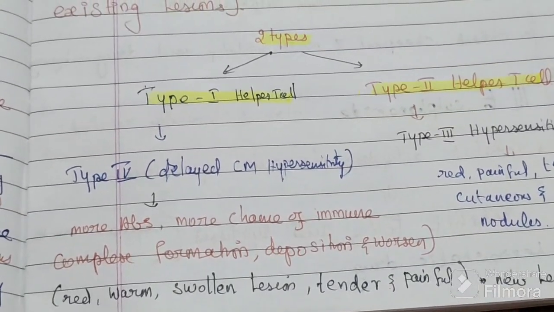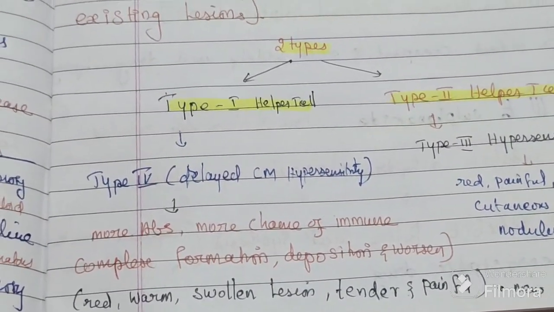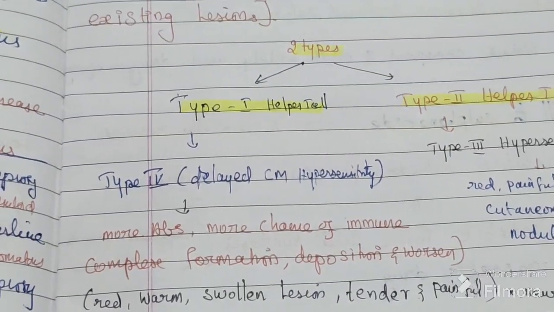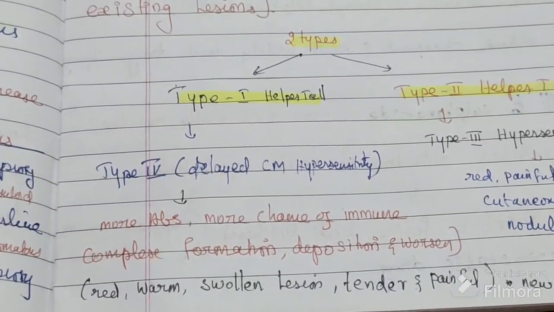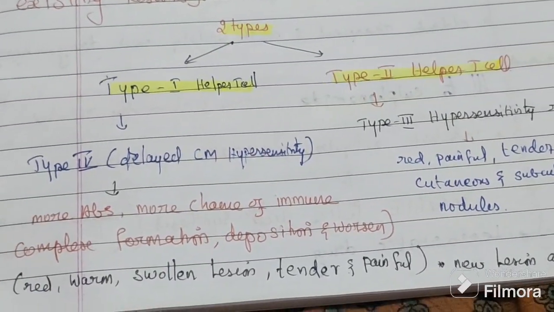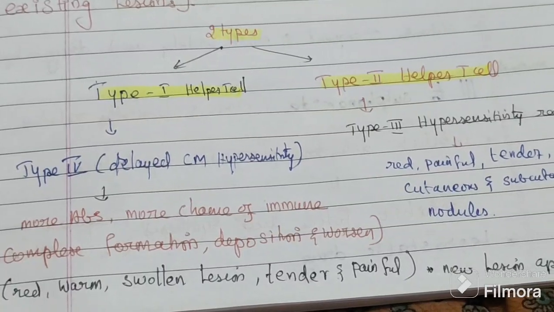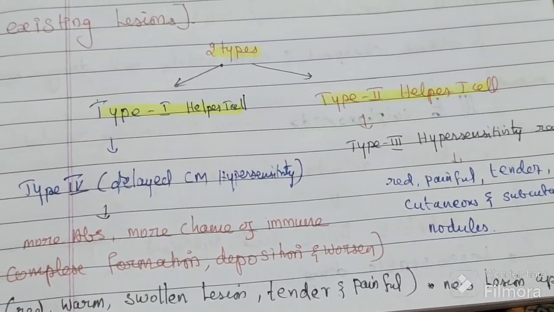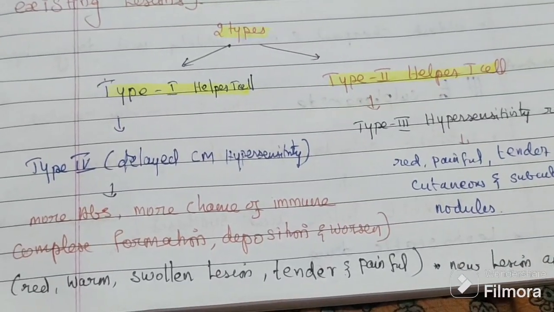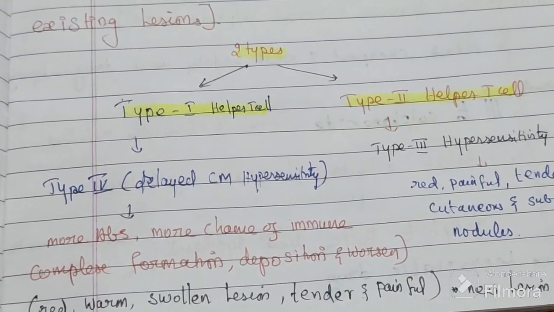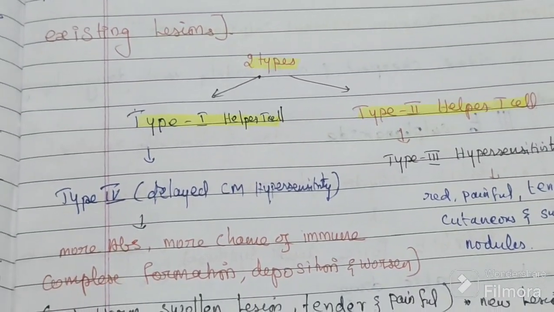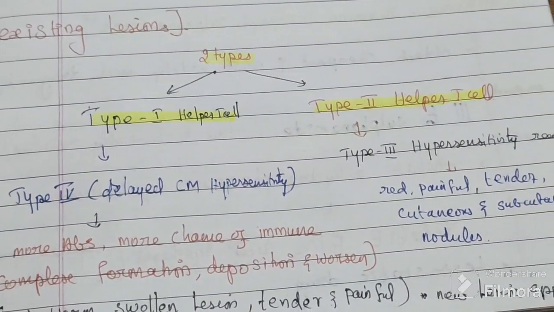The type 1 reaction can occur in both types of leprosy, paucibacillary and multibacillary, while type 2 is more specific for multibacillary leprosy because the lepromatous end of the spectrum has more humoral immunity. So more antibodies, more chance of immune complex formation and deposition.